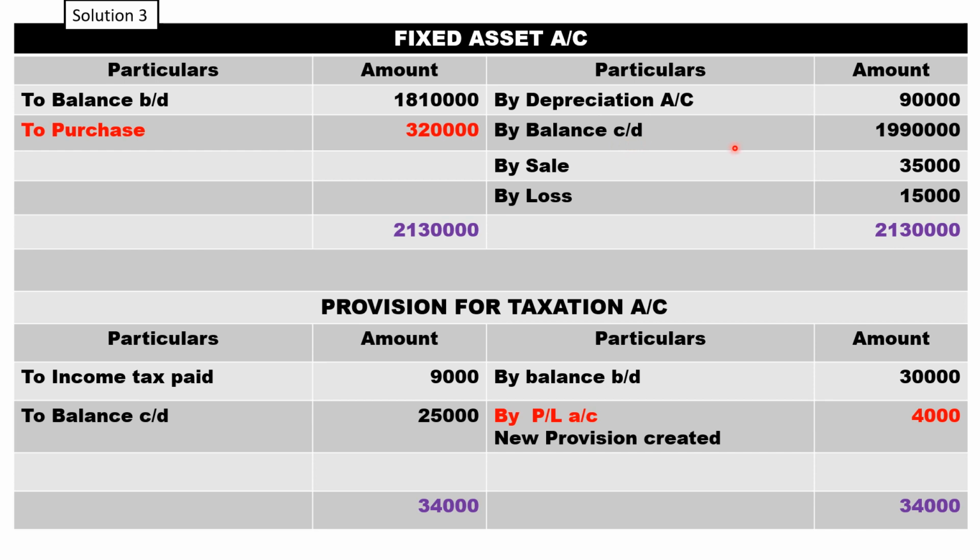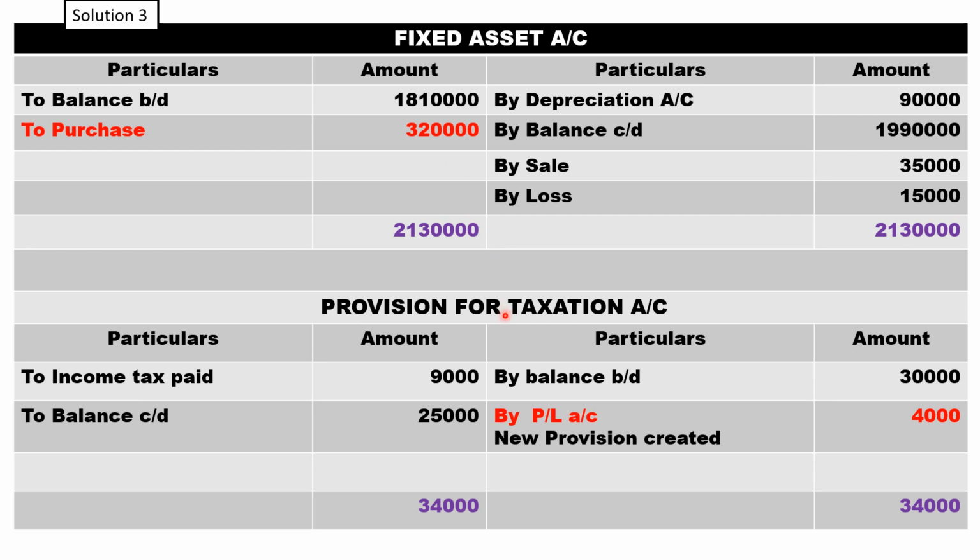Then by balance carried down, closing balance of fixed asset 19 lakh 90,000. Then sale of plant 35,000, loss on sale of plant 15,000. So credit side total is more: 21 lakh 30,000 minus 18 lakh 10,000. You get difference 3 lakh 20,000, called purchase of fixed asset.